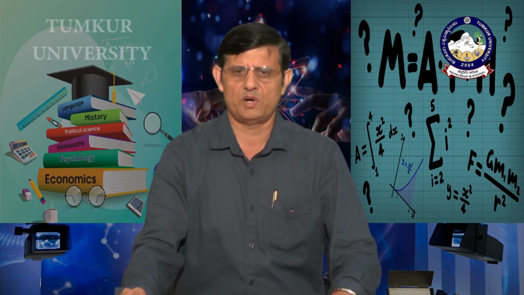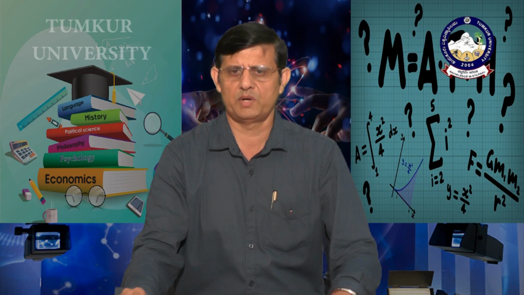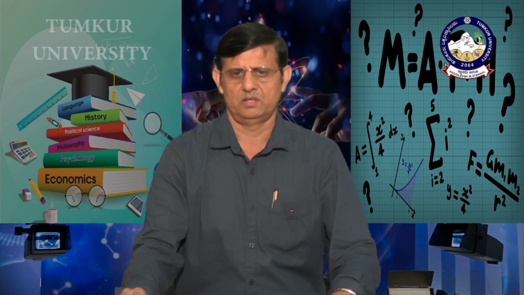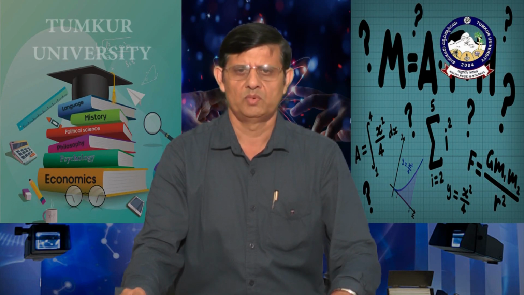If the products command adequate demand, they would be sold and entrepreneurs will get income. Aggregate demand function represents the amount of income that all the entrepreneurs in the economy are expected to receive from the sale of their products. Aggregate demand function can also be called aggregate demand of the economy at different levels of employment.